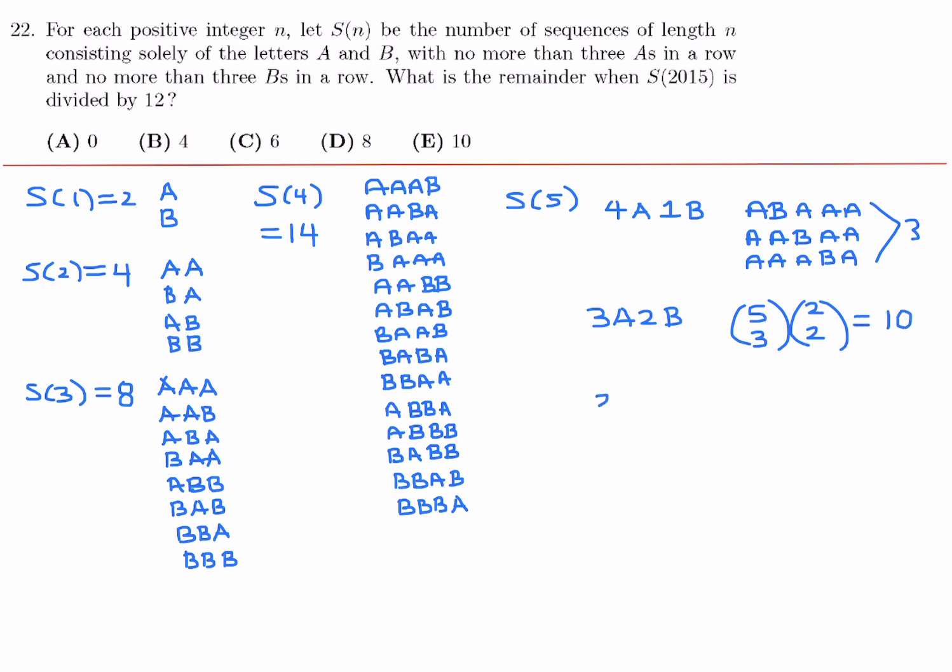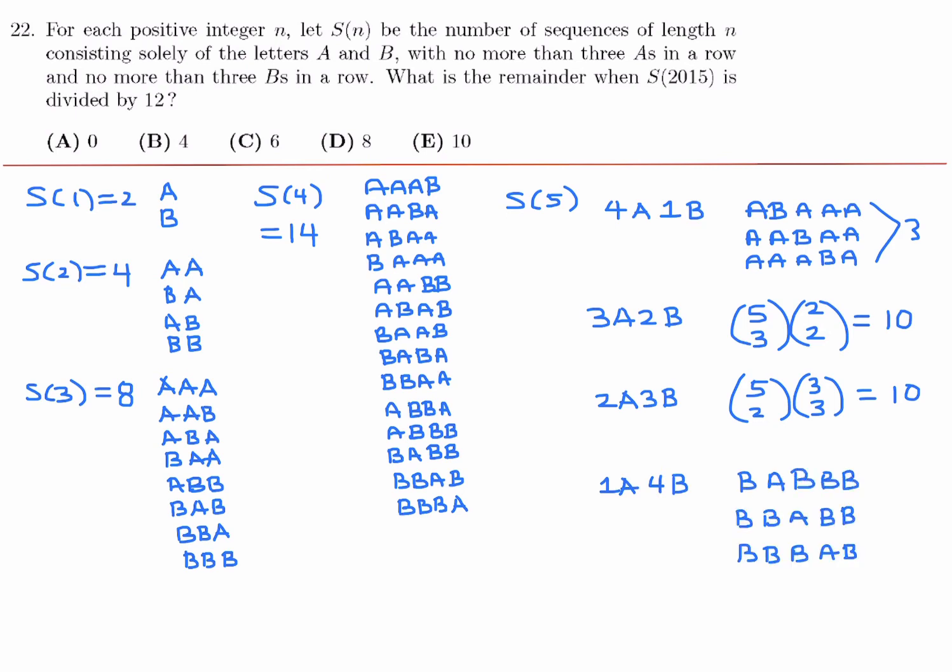Same thing with 2 a's and 3 b's: from the 5 spots, I can choose 2 to put the a's, and from the remaining 3, I choose 3 spots to put the b's, and that is 10. And then the 1 a and 4 b category is very similar to what we have up there, and that is 3. So adding these up, you get s at 5 is 26.